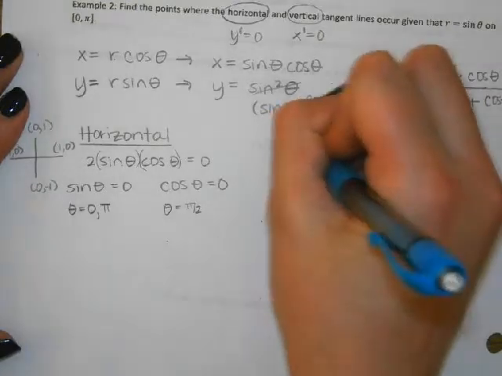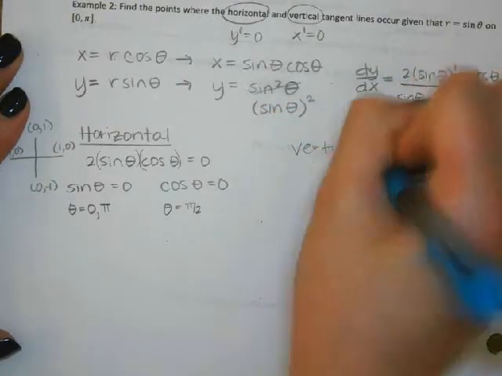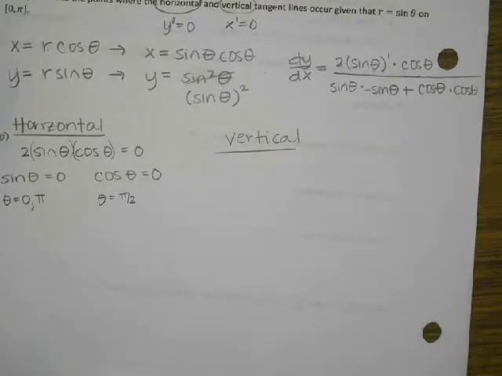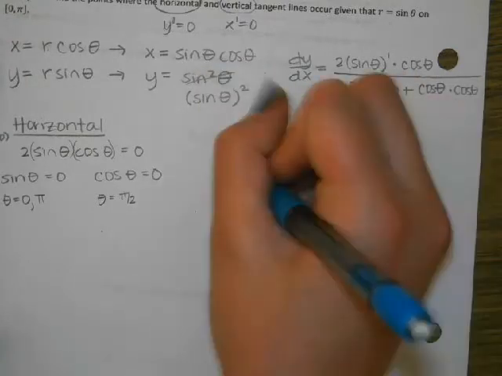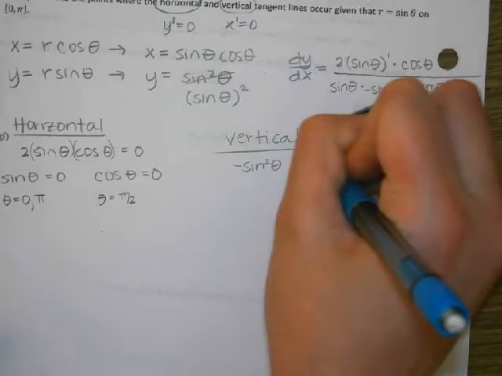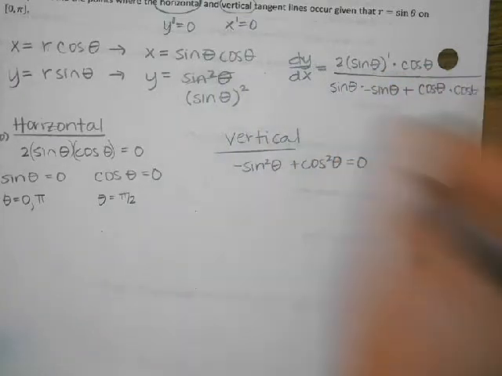Let's go ahead and do vertical. So this is where we're going to take the denominator and make it equal 0. So negative sine squared plus cos squared equals 0.